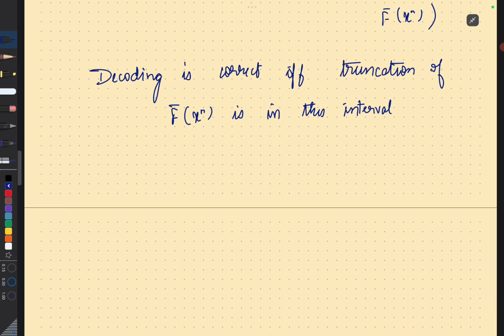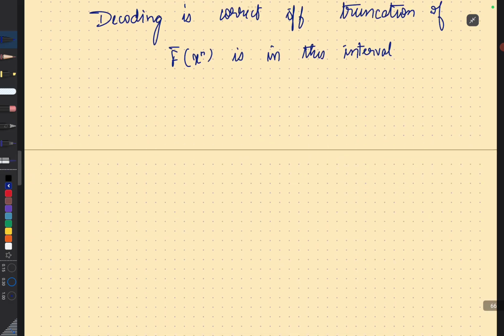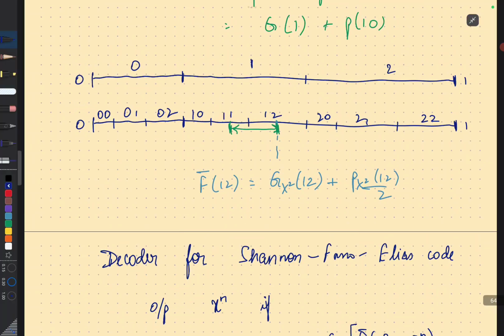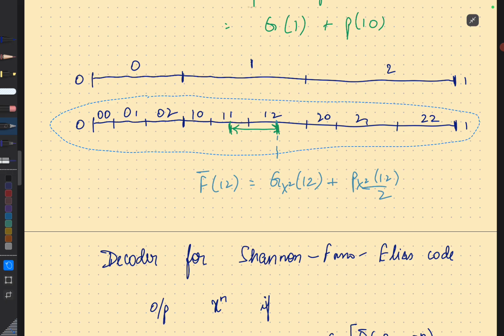So let's try to use this idea to go one step further, to look at it in a slightly different way. Let me take this partition.